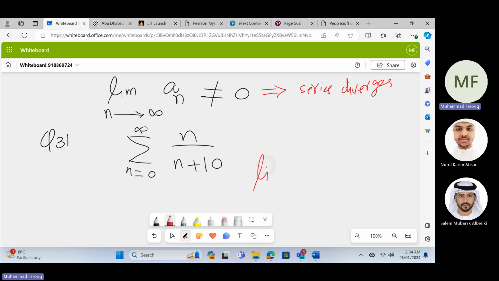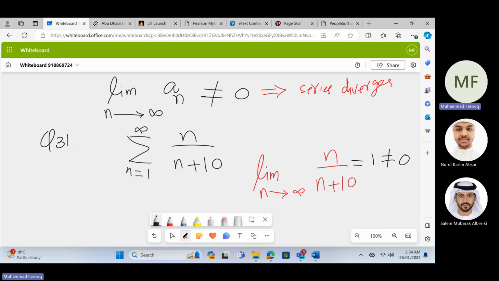So, limit as n approaches infinity of n divided by n plus 10. Here we can use the logarithm rule, or you can use the shortcut: up degree, down degree, same. So the answer is 1, which is not equal to 0.